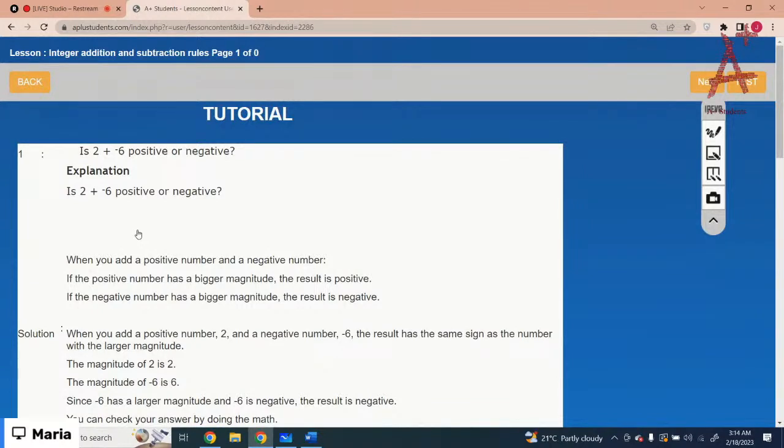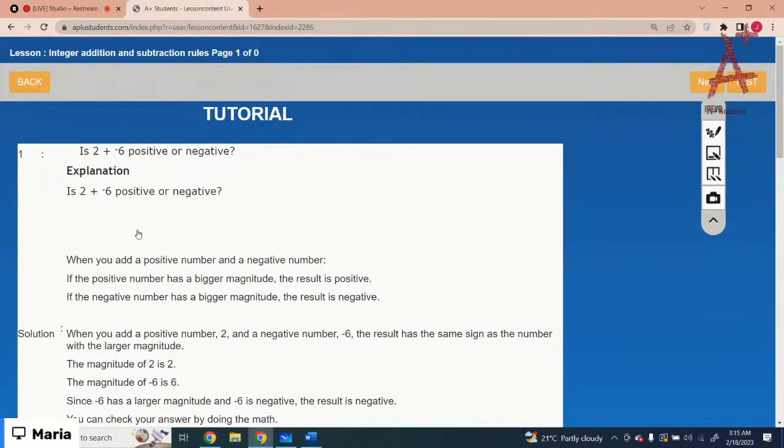Okay, the first one is 2 plus negative 6. Positive or negative? So you have to see whether 2 plus negative 6 is positive or negative. Here are some rules. You can note them down or keep them in your mind.